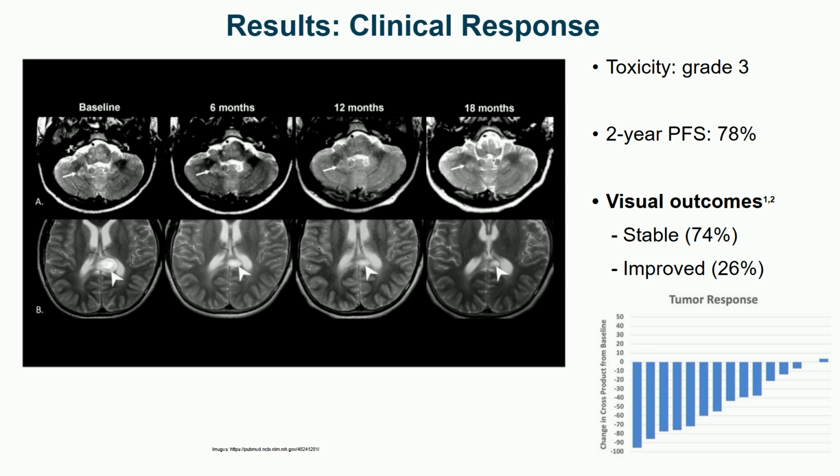As you can tell, the tumor resected very well, and nearly all of the individuals, with the exception of one, had very good outcomes with the use of selumetinib compared to standard of care. Progression-free survival was 78% at 2 years. We don't have a 5-year because this is a very new clinical trial, and they're currently on the phase 3 clinical trial. And then the visual outcomes were stable in 74%, and they saw improvement in 26% of the participants.